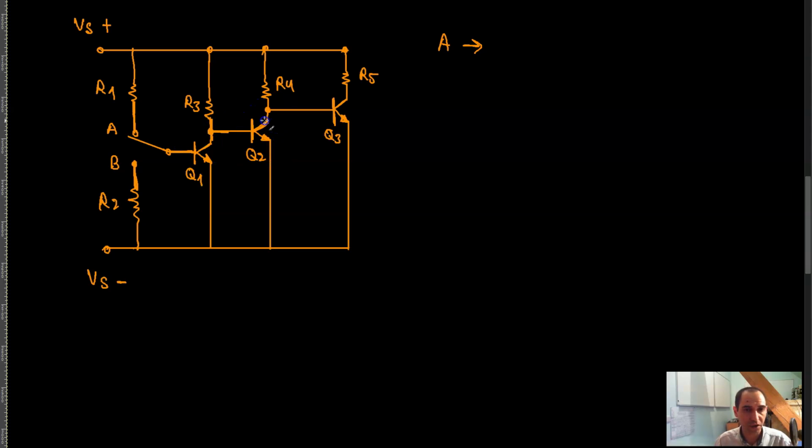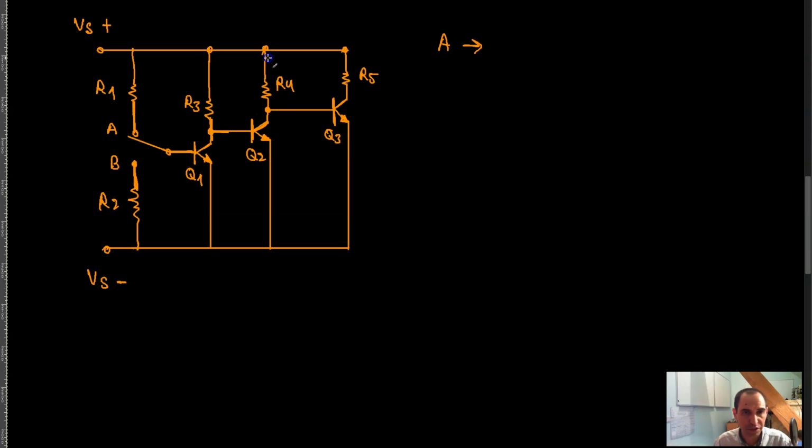Since Q2 is turned off, you have no collector current in this transistor, meaning that the collector-emitter junction of this transistor would act as an open mechanical switch, almost infinite resistance.